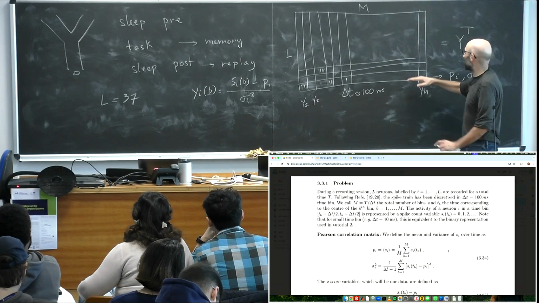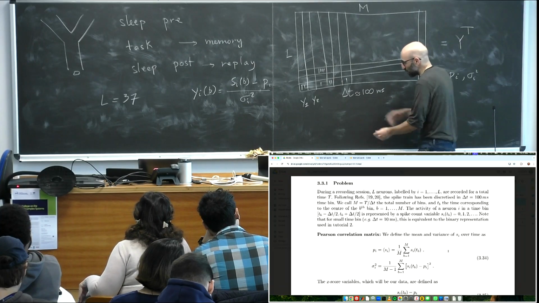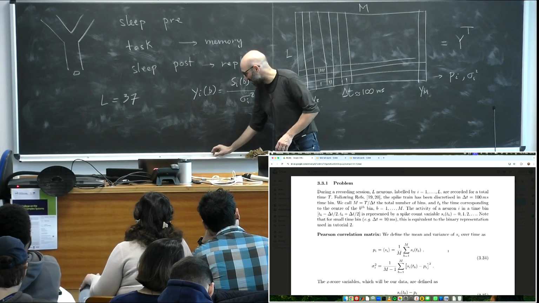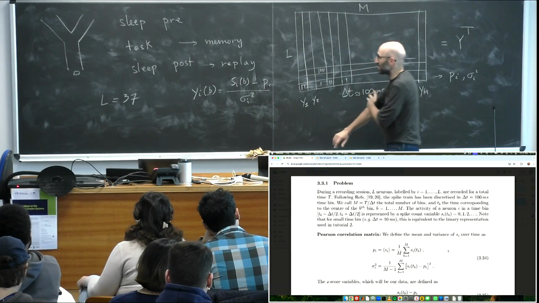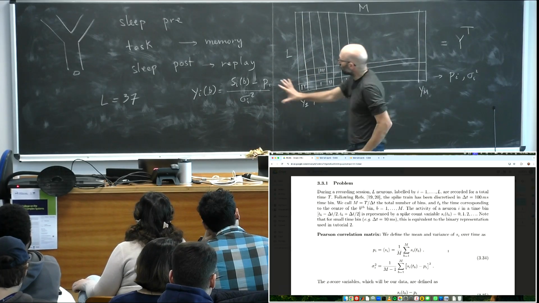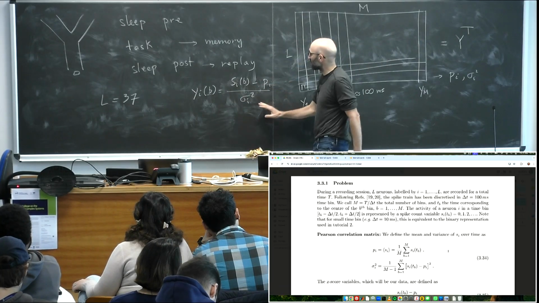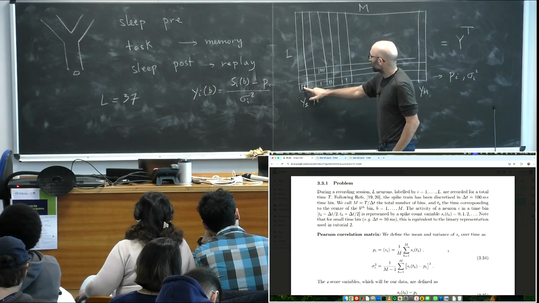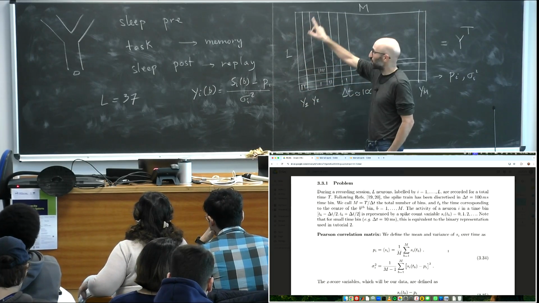Otherwise, you can have some neurons that are much more active than the others, and then you can have imbalances in the PCA. So you define these standardized variables that have zero mean and unit variance.